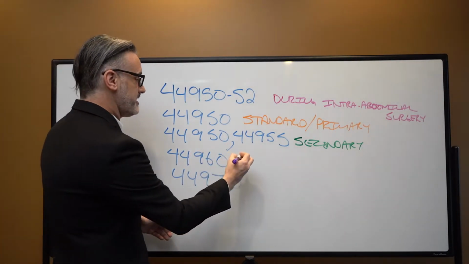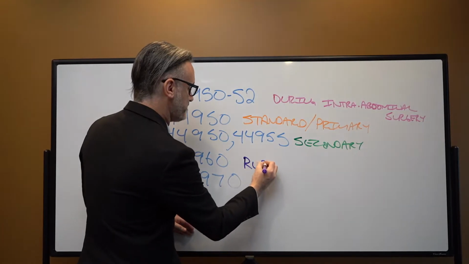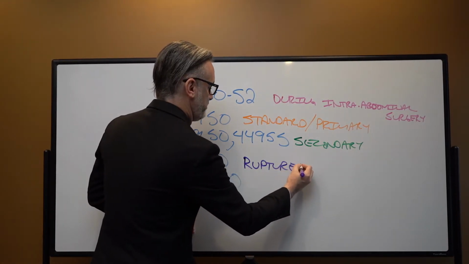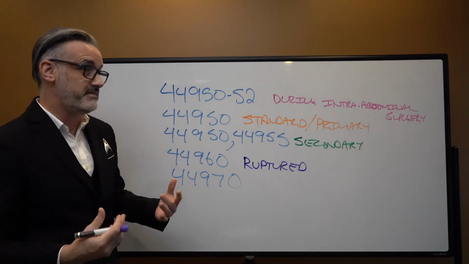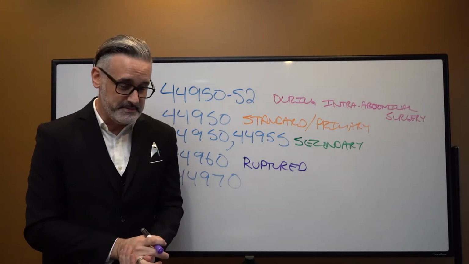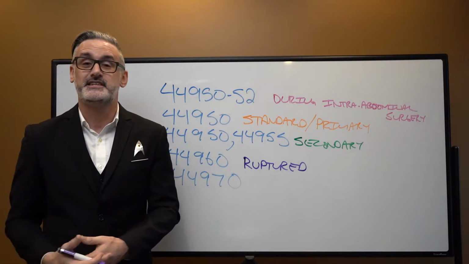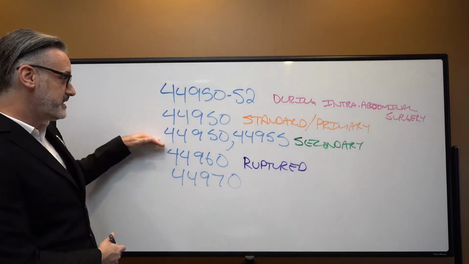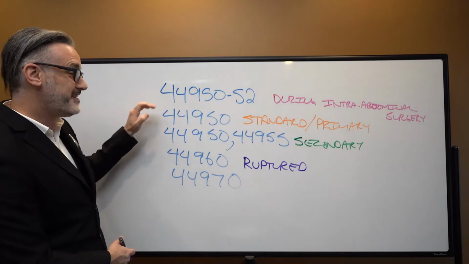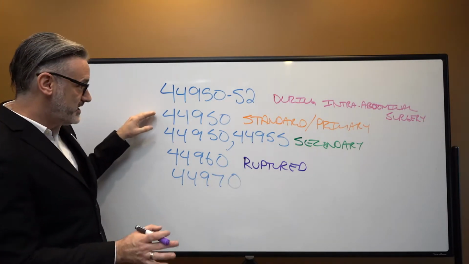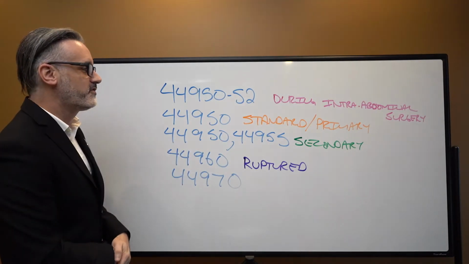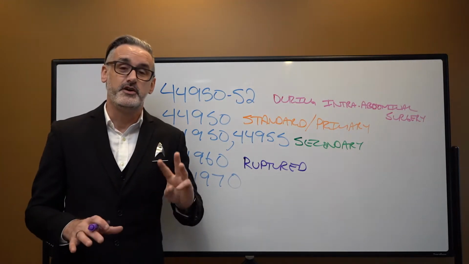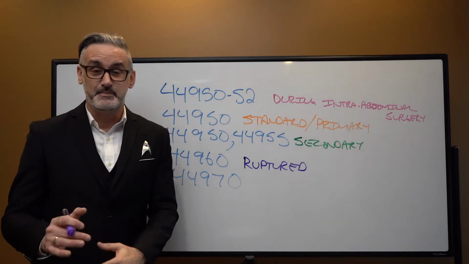So in this case, the appendix is already ruptured and there is some type of another condition going on. The patient has an abscess or some type of peritonitis going on as well. So everything before it, 44950 with modifier 52, just 44950, or 44950 with the add-on code 44955, those top three codes, in this case the appendix is not ruptured.